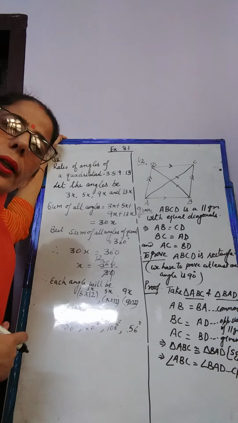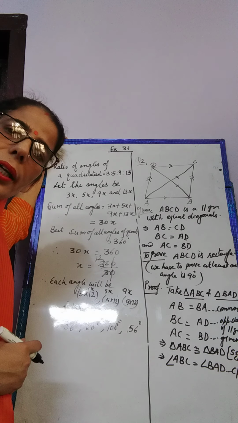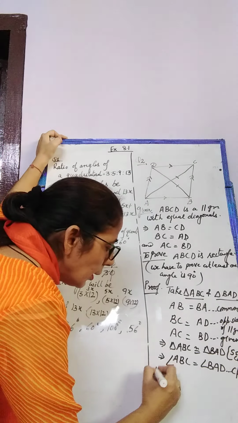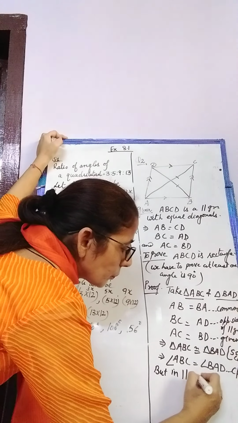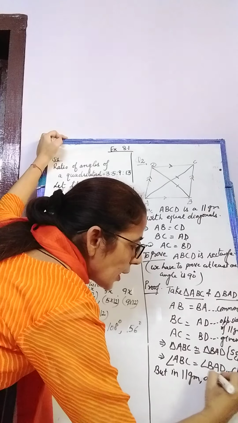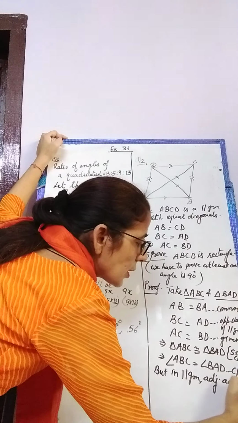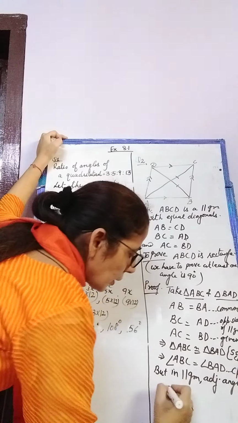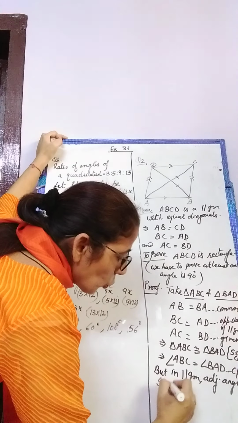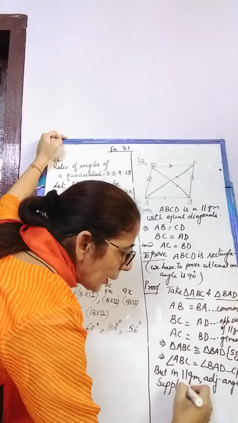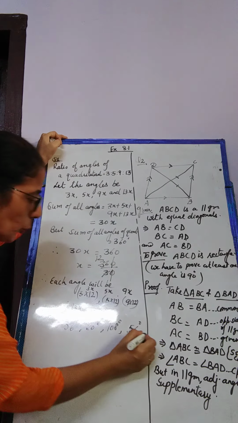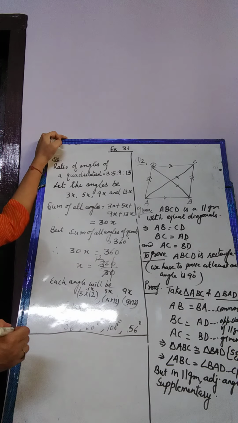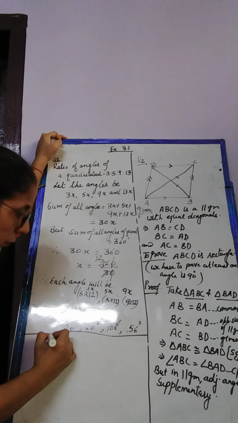But you know, in a parallelogram, adjacent angles are supplementary. Supplementary means their sum should be equal to 180 degrees. So I am doing here the sum.